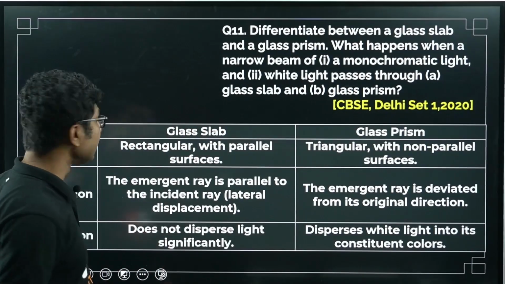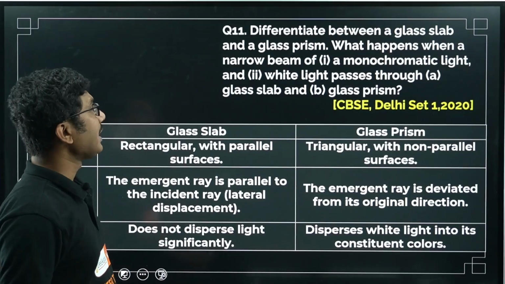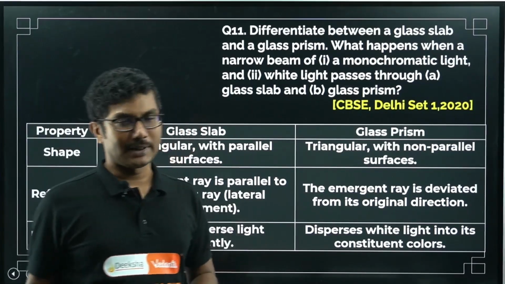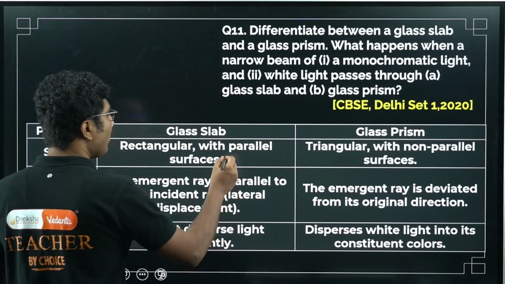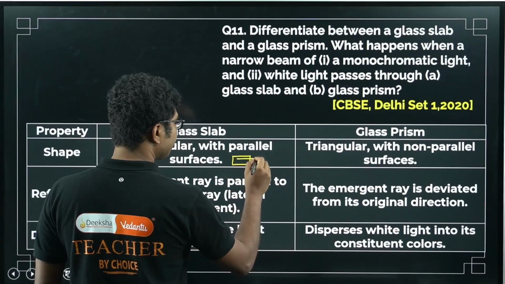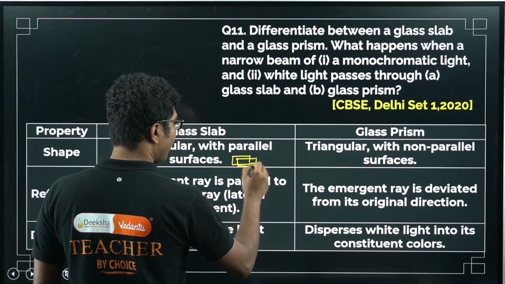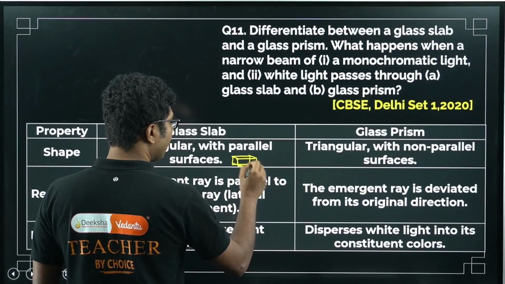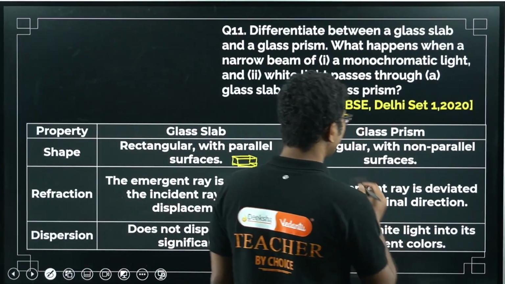First of all, in terms of shape, a glass slab is rectangular with parallel surfaces. They have asked you to differentiate between a glass slab and a prism, so you can obviously take up their geometric shape. A glass slab has all sides parallel to each other. You can even draw one diagram if you wish to. So a glass slab is like that, and a glass prism is triangular with no parallel surfaces.